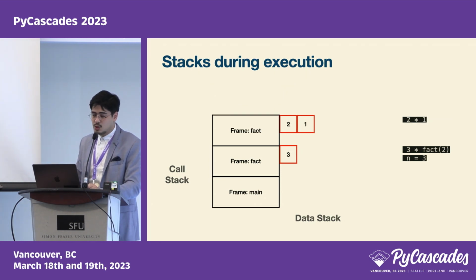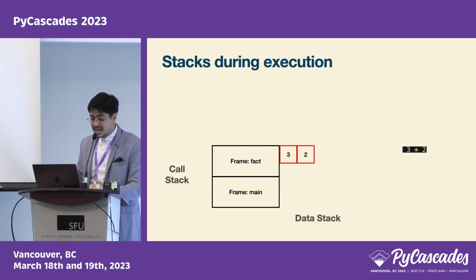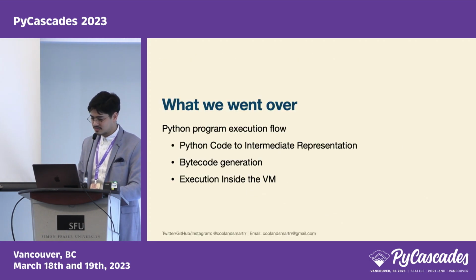Now, on the lower execution frame, we have 2 times 1. We execute that and get the results of 2. So we return that to the bottom execution frame. Now, on the bottom, we have 3 times 2. We return that to the main execution frame. And that's how you get the result of 6.